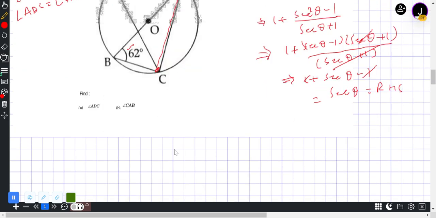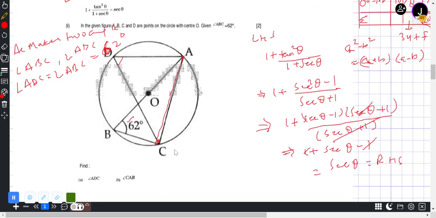Next, CAB. What is CAB? O is the center, so AB is the diameter. Any chord that passes through the center is a diameter.